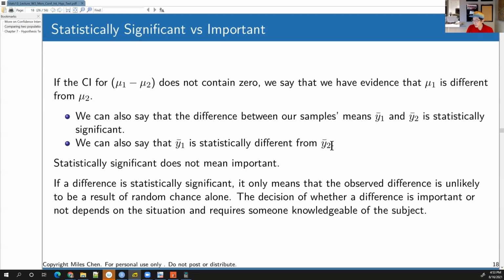If a difference is statistically significant, it means that the difference is unlikely to be a result of random chance alone. And whether or not a difference is actually important depends on the situation, and requires someone who's knowledgeable of the subject.